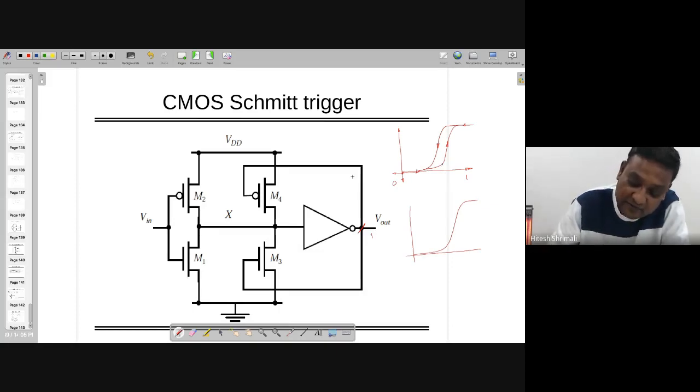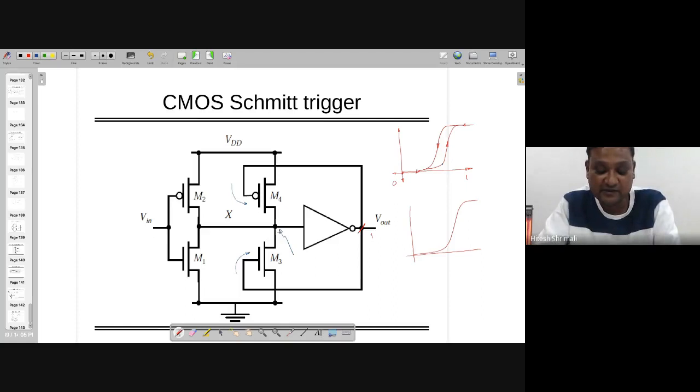At that time, it all depends on two things. What is the value of PMOS and NMOS, so that it allows the transition over here. Otherwise, that transition won't happen.